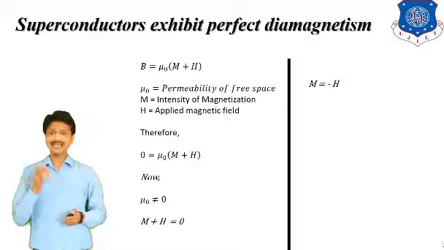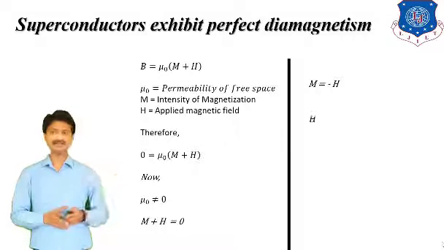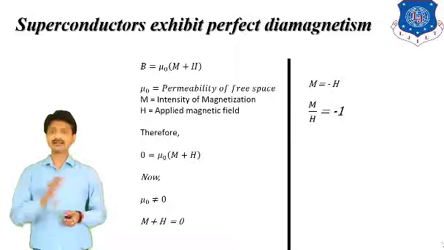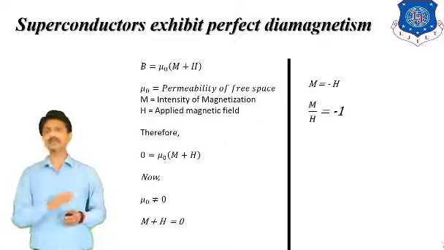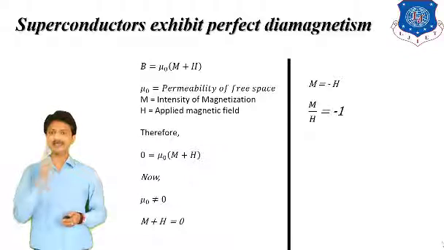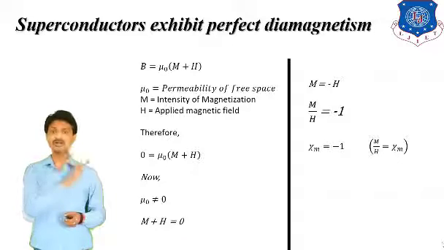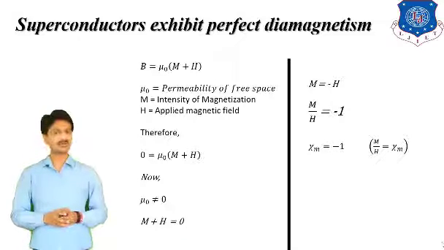So M equals minus H, and the ratio of M to H, meaning the ratio of intensity of magnetization and applied magnetic field, is known as magnetic susceptibility, that is xm.